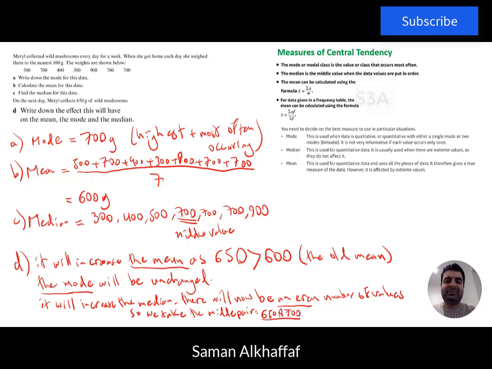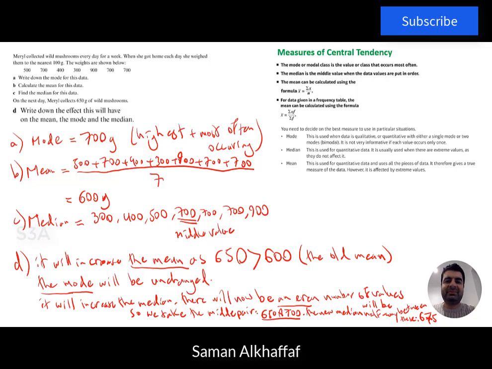So this is the pair that we take from the middle, and the new median will be halfway between these, so approximately 675. So this will be our answer.